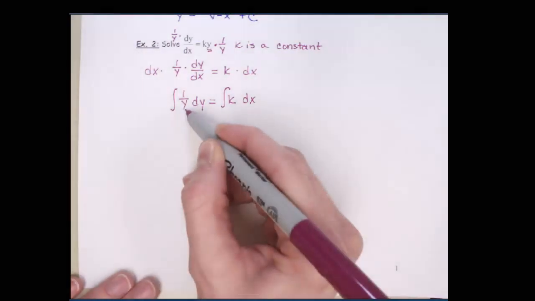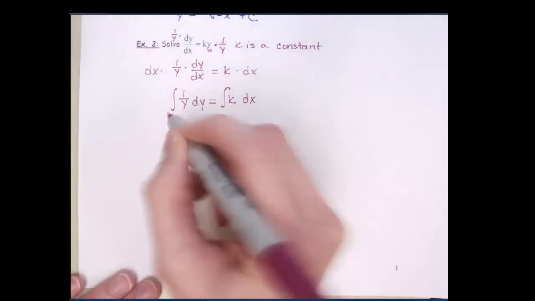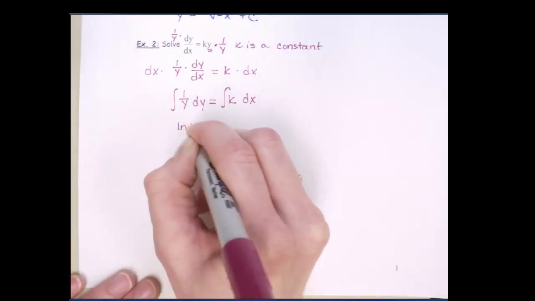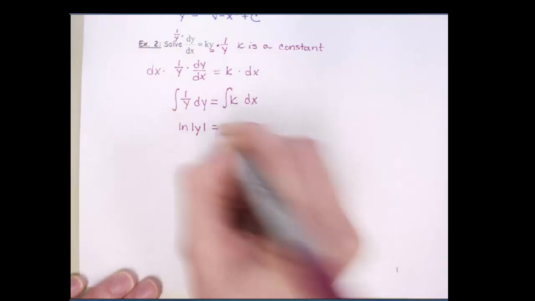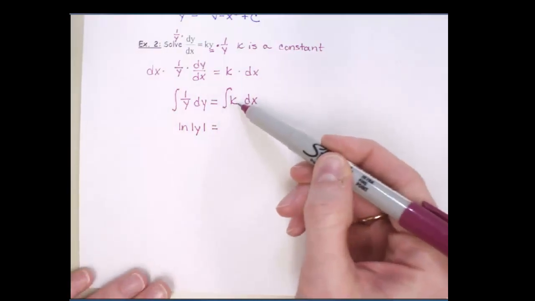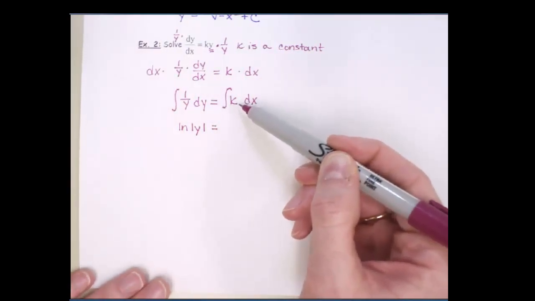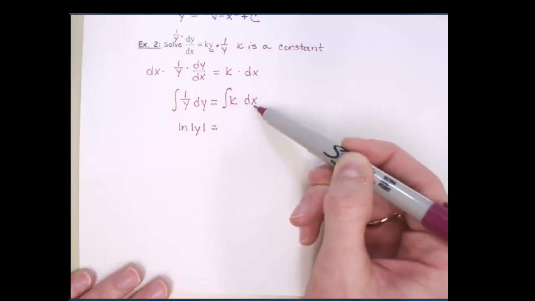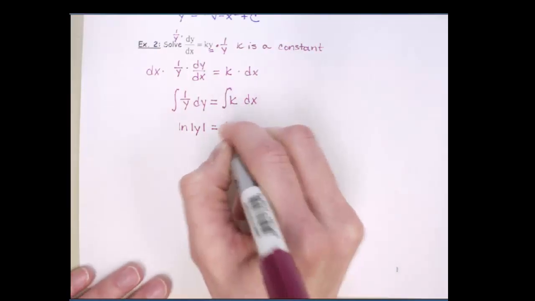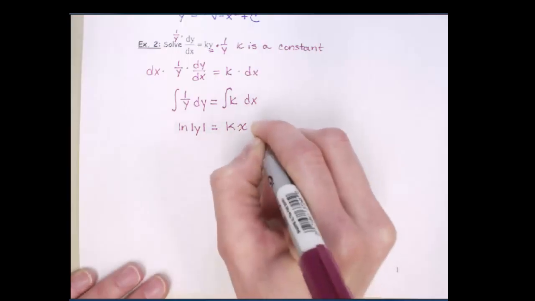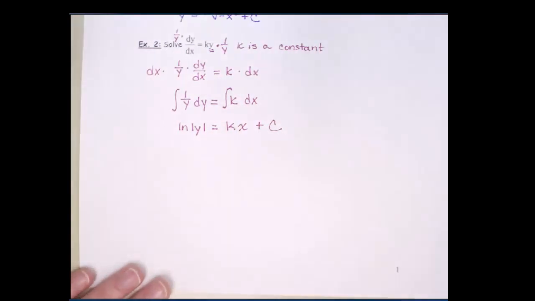So on this side, the antiderivative of 1 over y is actually ln absolute value y. Now, k is, again, a constant. It's a number. The antiderivative of 2 would be 2x because there's an x here. So the antiderivative of k is kx. And then we're going to add the plus c. We always add the plus c to the x side, never to the y side.